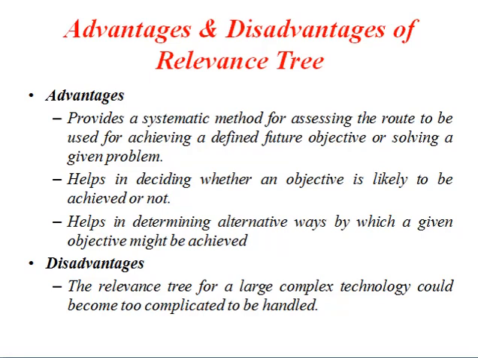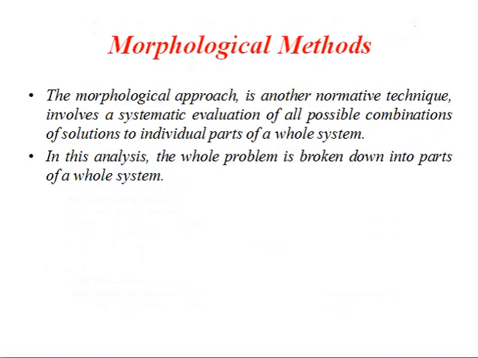We have a combination of different links, so handling becomes very complicated, because each step is subdivided into various parameters. Handling is a very difficult task, and we can note this as a disadvantage of the relevance tree.